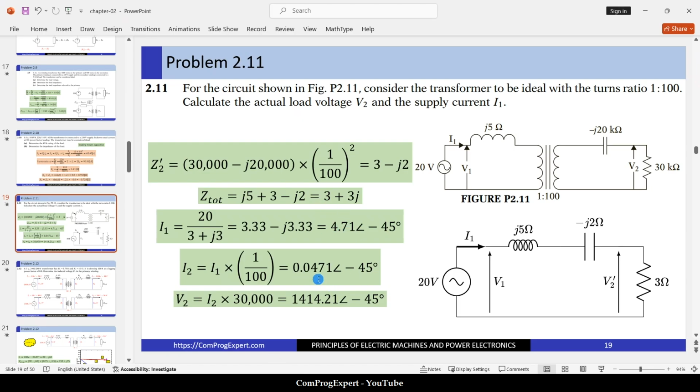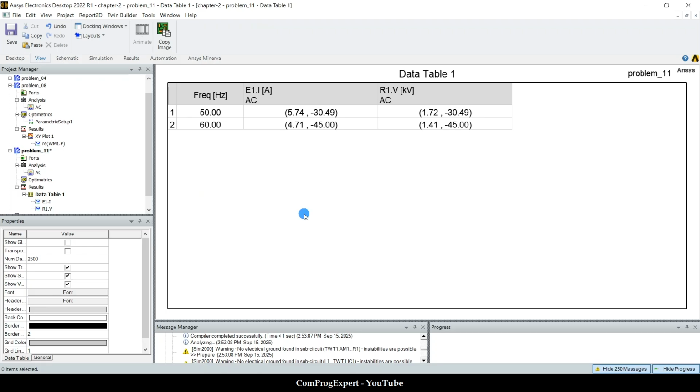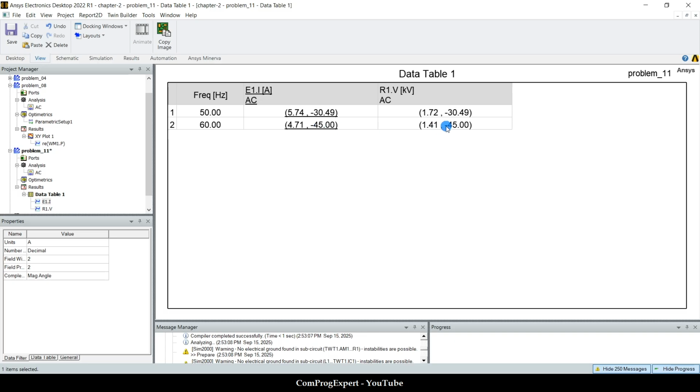Okay. And the value of the voltage V2 is 1.41 kilovolt. So we have the same value here, 1.41 kilovolt. Also check the angles, right? Negative 45, negative 45.